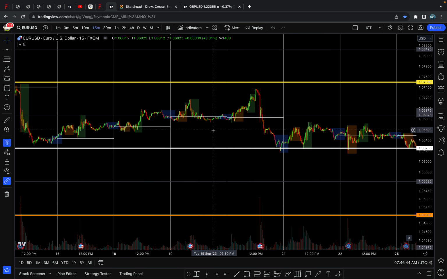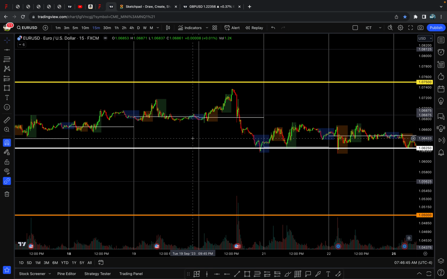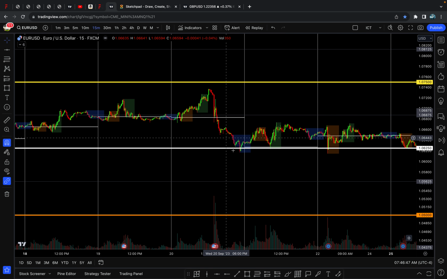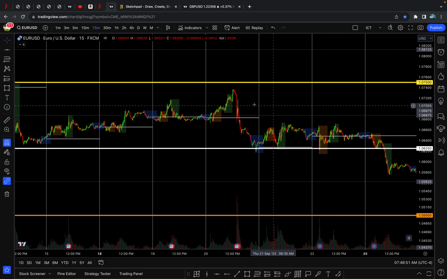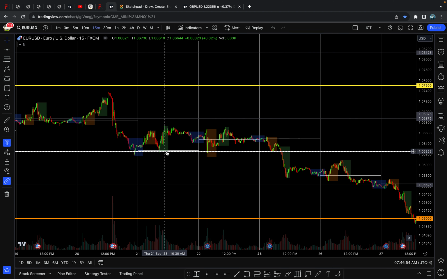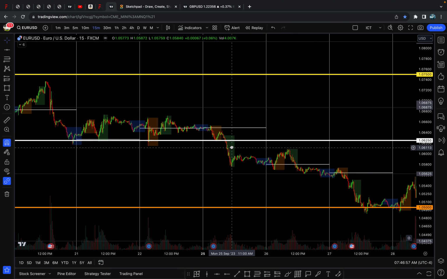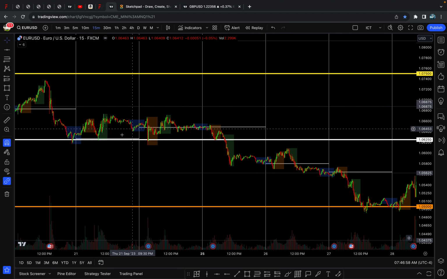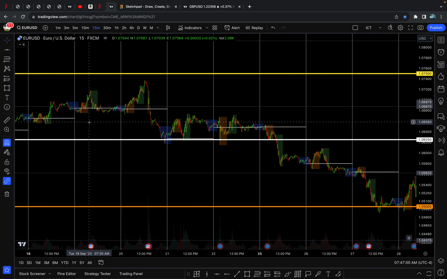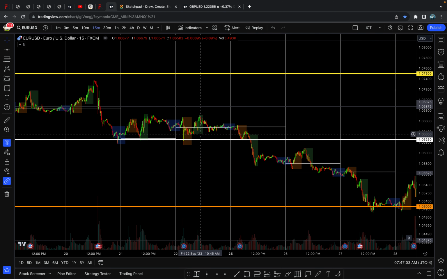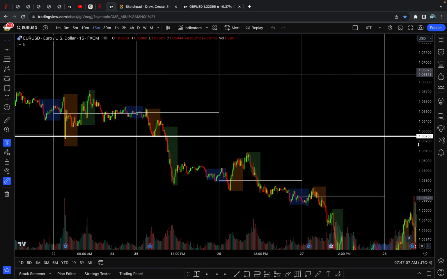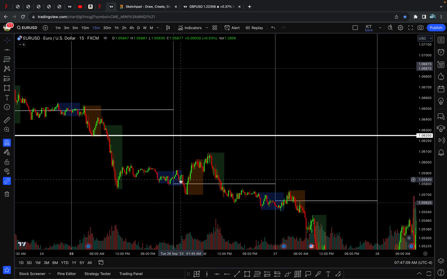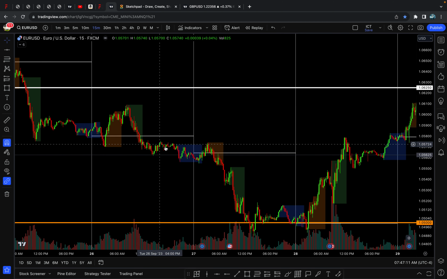Not every day is a good day to trade. It's just not, as you can see. But these levels, I want to pay attention to these levels. According to this indicator, these are supposed to be the daily opening price, but I've not found it to be super accurate. As you can see, it's off by quite a bit there.